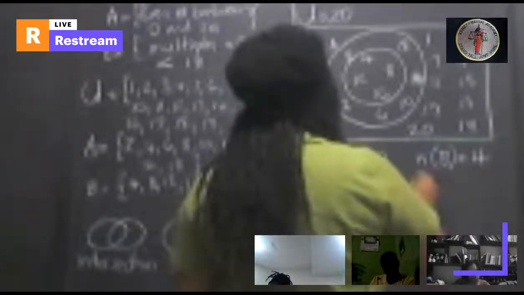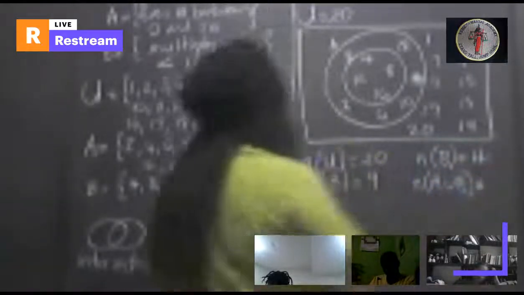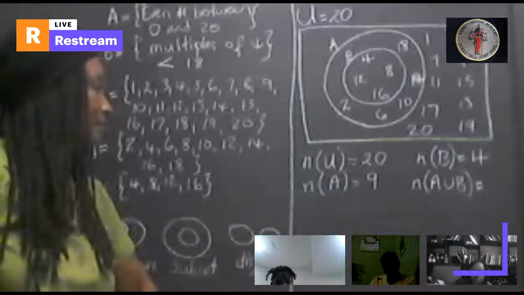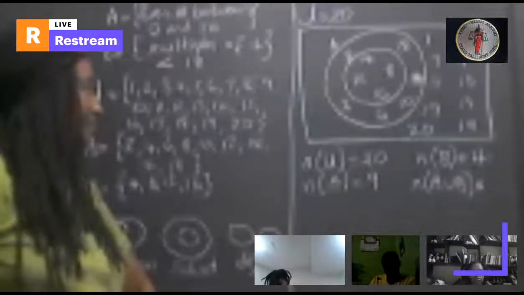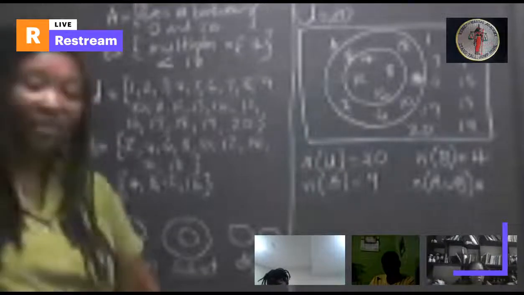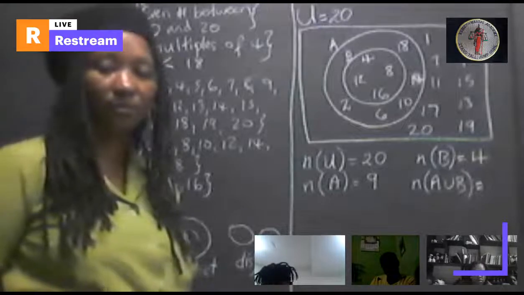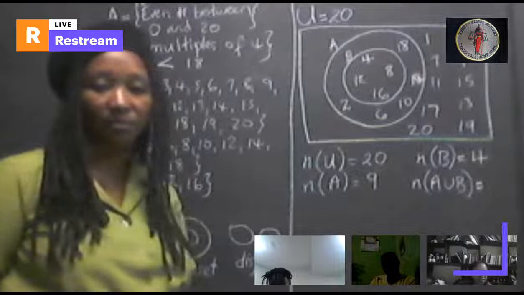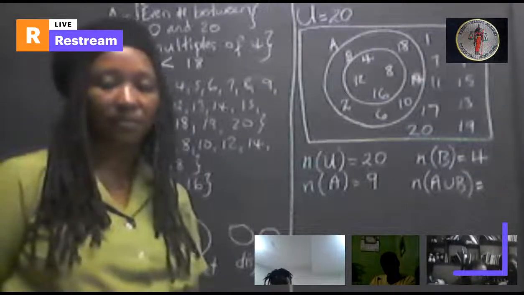What's the number of elements in A union B? Ten, miss. Miss, 13. You sure? How did you get 13?